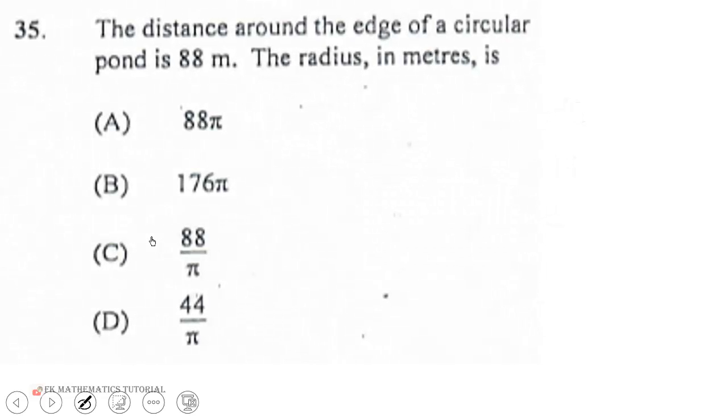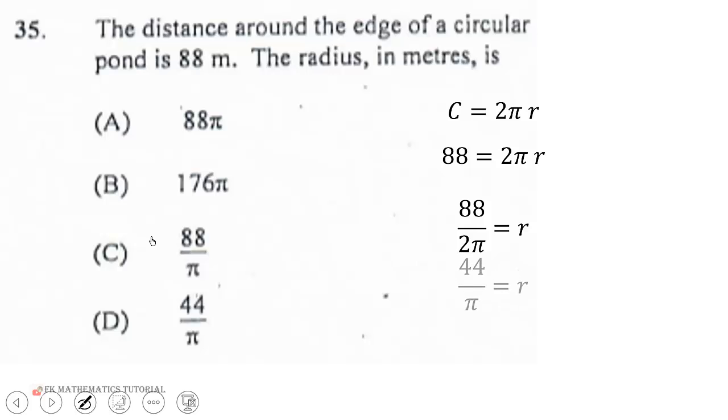Item 35. The distance around the edge of a circular pond is 88 meters. The radius in meters is, so we know that circumference is 2 pi times the radius. So when we solve for the radius, we get 88 over 2 pi.